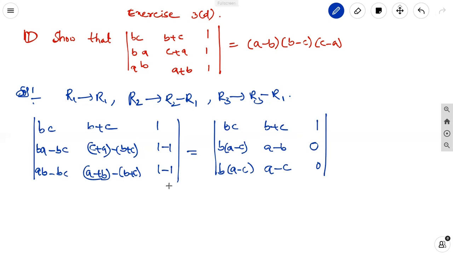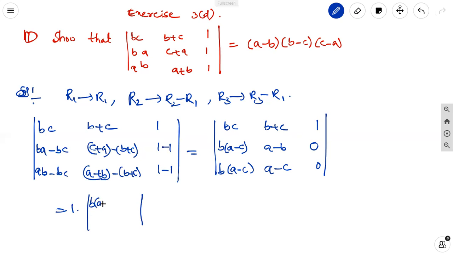Now you can take the determinant. BC into AD minus BC is 0, B plus C into AD minus BC is also 0. So it is equal to 1 into the determinant of the corresponding row and column eliminated.